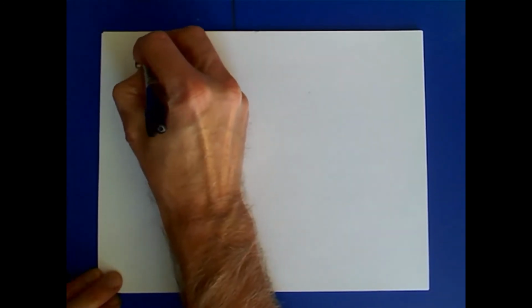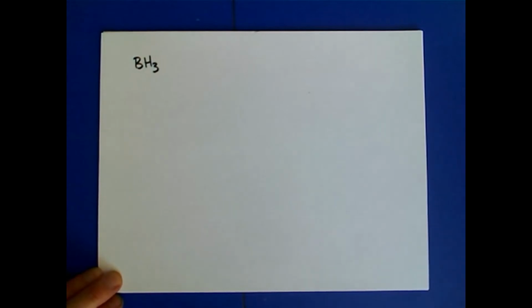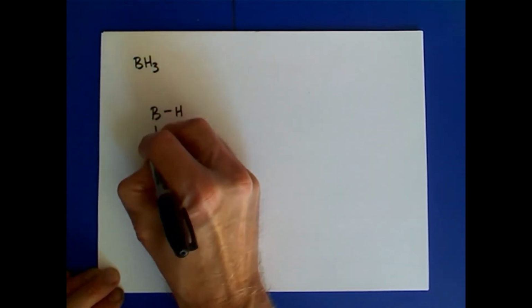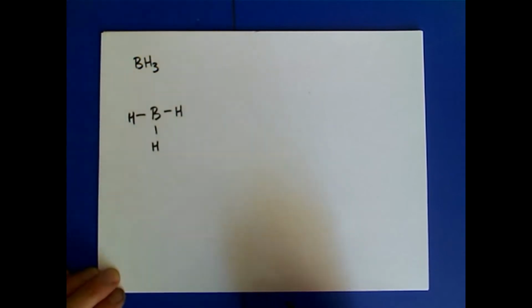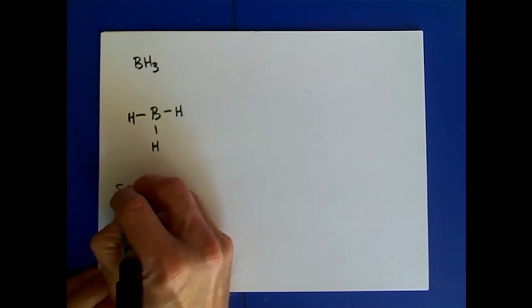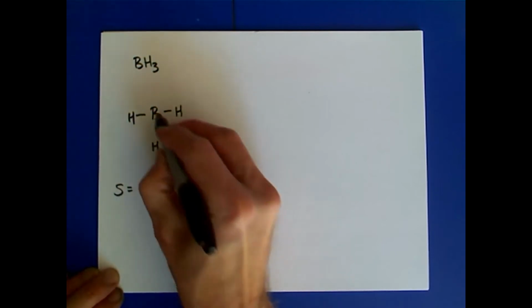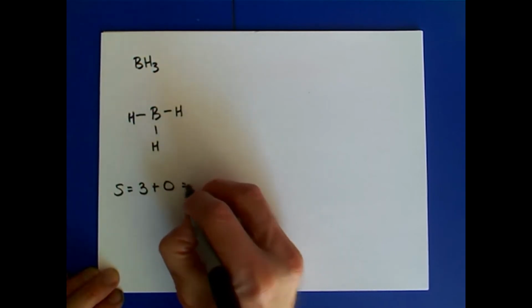What about the case where we get a steric number of 3, such as in BH3? BH3 is going to have a Lewis structure that looks like this. Its steric number is going to be, well, there are 3 atoms attached and no lone pairs on my central boron. So we're going to have a steric number of 3.